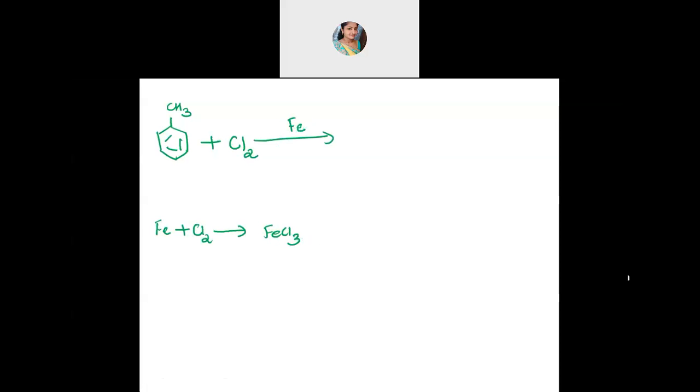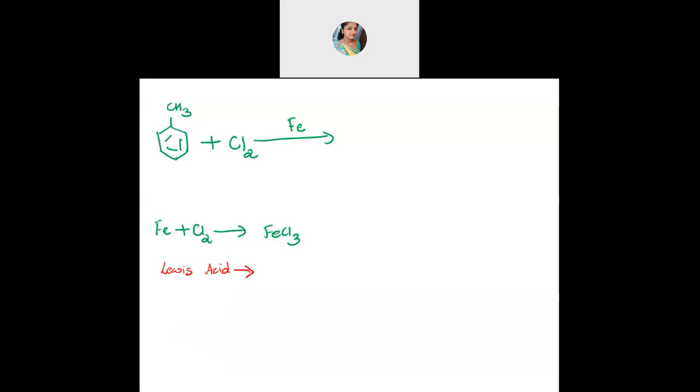FeCl3, according to Lewis, is not stable. According to Lewis, what is it actually? FeCl3, Lewis acid or Lewis base? Because it's short of 2 electrons, it can take electrons. According to Lewis, if they are taking electrons, they are called Lewis acid.